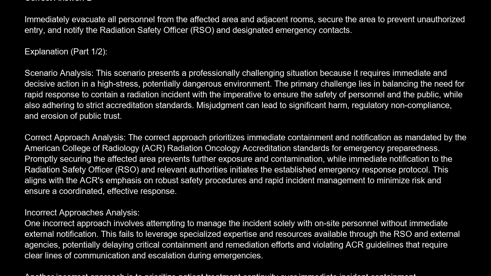One incorrect approach involves attempting to manage the incident solely with on-site personnel, without immediate external notification. This fails to leverage specialized expertise and resources available through the RSO and external agencies, potentially delaying critical containment and remediation efforts, and violating ACR guidelines that require clear lines of communication and escalation during emergencies.